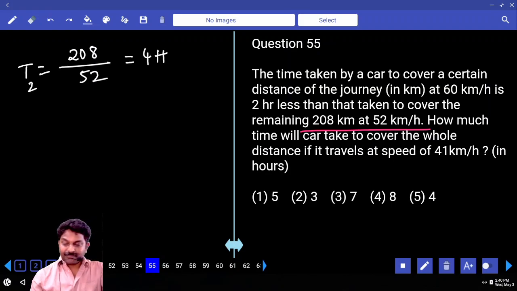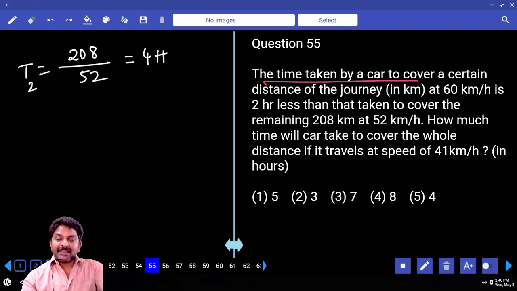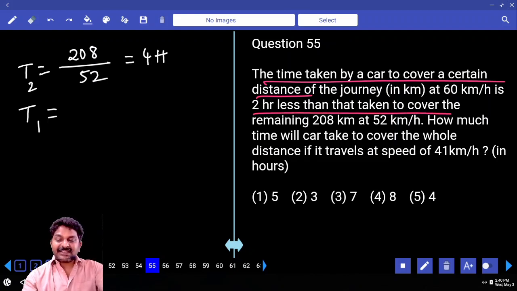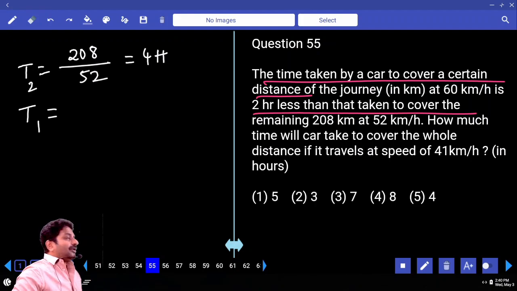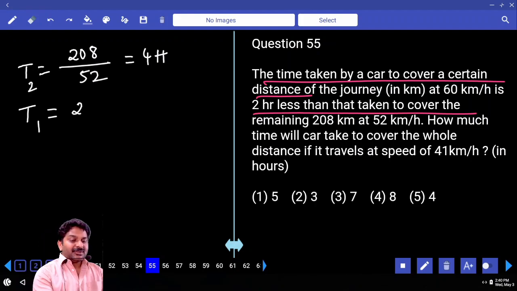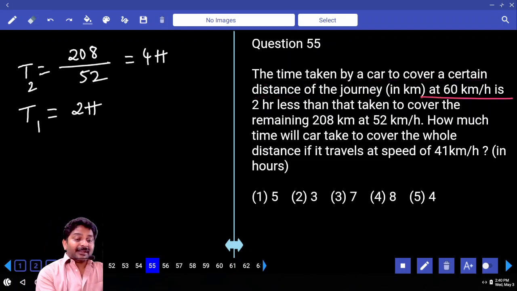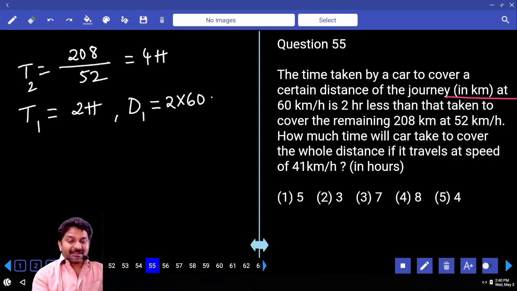Now the time taken by the car to cover a certain distance, the time taken in the first case, is 2 hours less than the time taken in the second case. What is the time taken in the second case? 2 hours less, so the time taken in the first case is 2 hours only. In the first case it is traveling with what speed? That means the distance covered in the first case is 2 into 60, which is 120 kilometers.